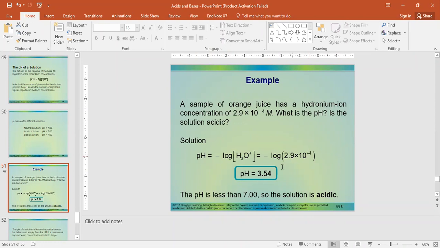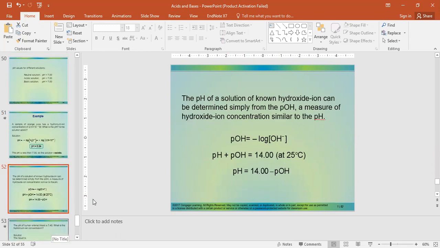So you substitute here, and that is what you are getting. When you have a pH of 3.54, is this an acidic solution or a basic solution? Acidic, because it is less than 7, isn't it?